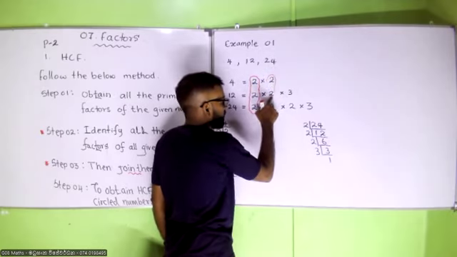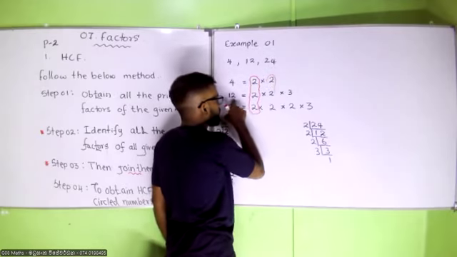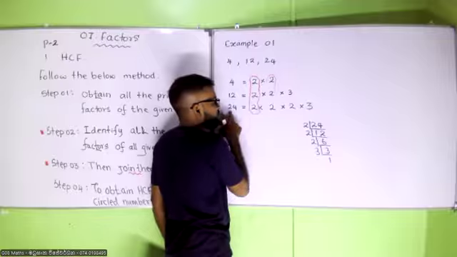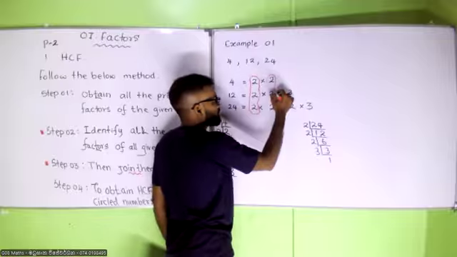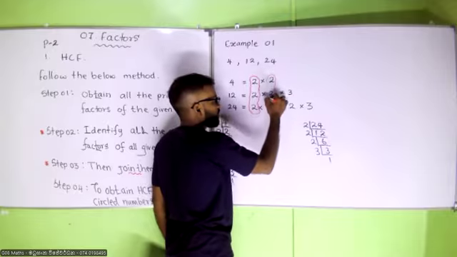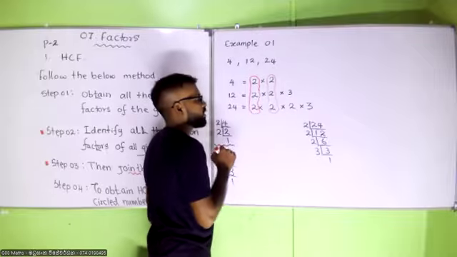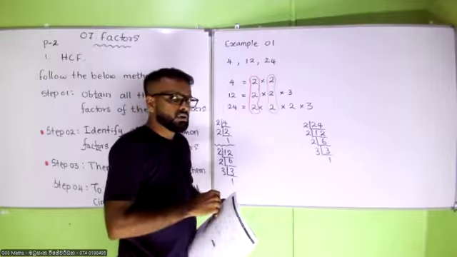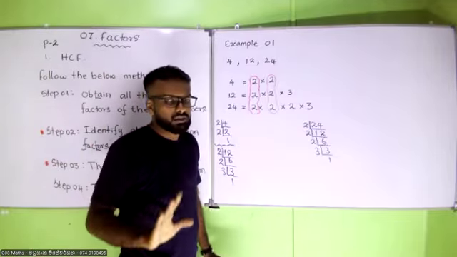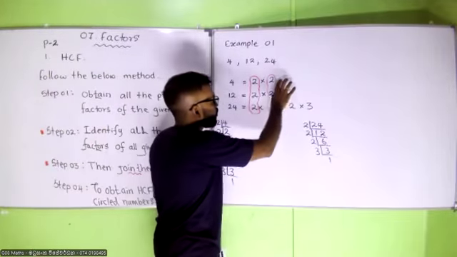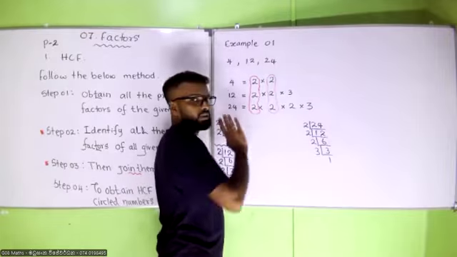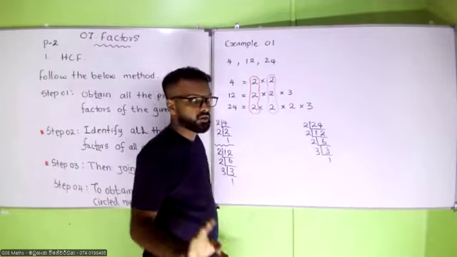There is a common number 2 from 12 as well, and a common 2 from 24 as well. So I can circle these as well. Now I am done because there are no other numbers here, so I cannot continue.